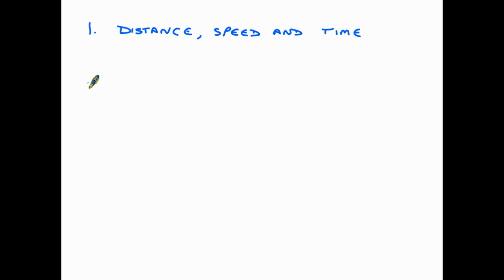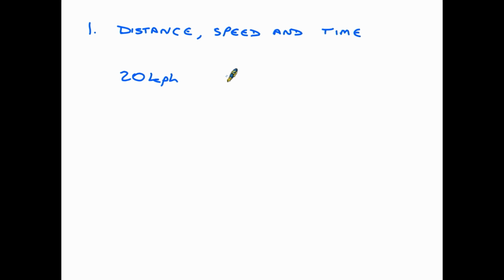I mentioned in the introduction that we were looking at combinations of three measurements. I'm going to take a look at the first set, which is slightly more straightforward. They're more familiar to us: distance, speed and time. Let's take speed. Imagine we are travelling at 20 kilometres per hour, so each hour we travel 20 kilometres.